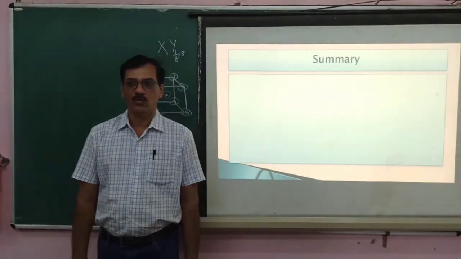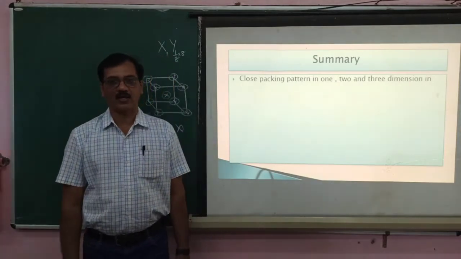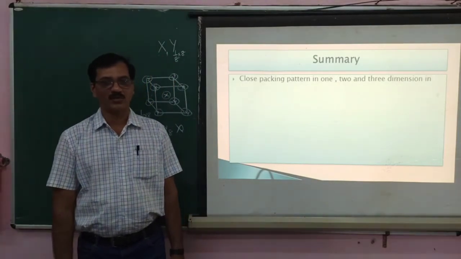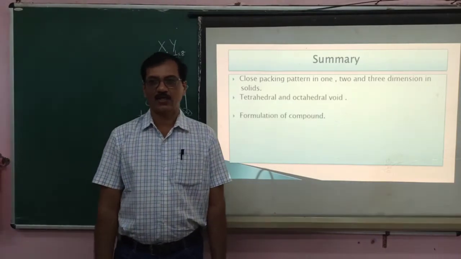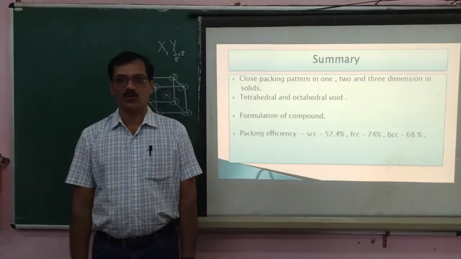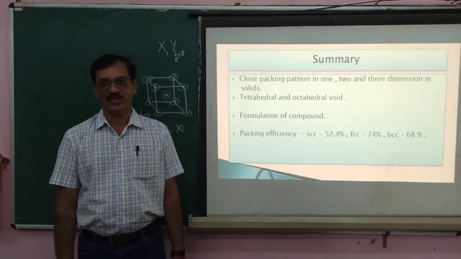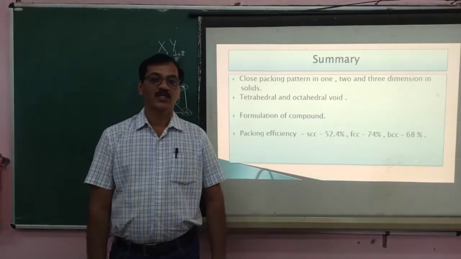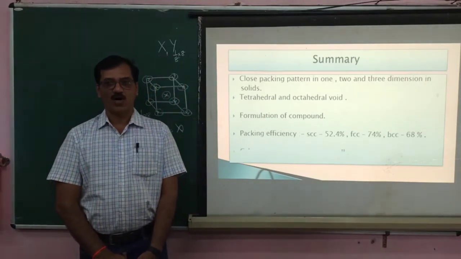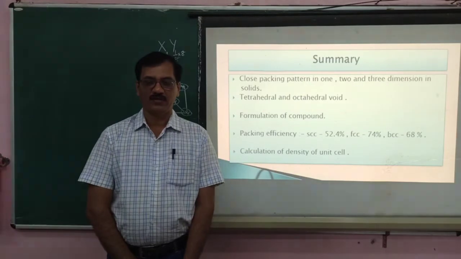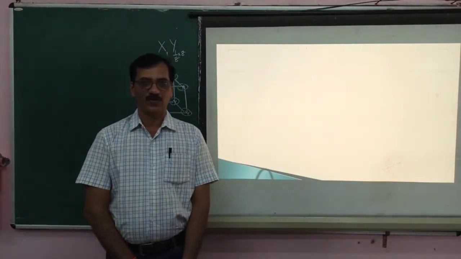So what we have talked about so far is close packing in 1, 2, 3 dimensions and in solids, tetrahedral and octahedral voids, how the formula of a compound can be determined, especially in ionic solids, packing efficiency of different kinds of unit cell arrangement, and calculation of the density of the unit cell.